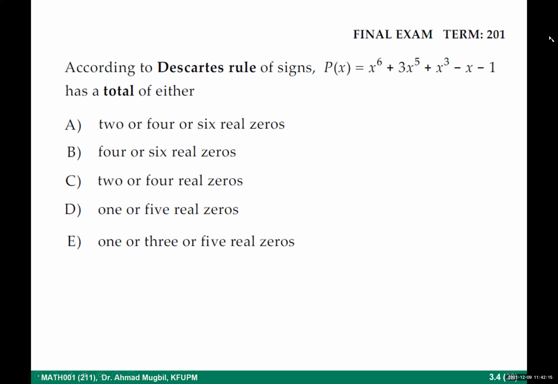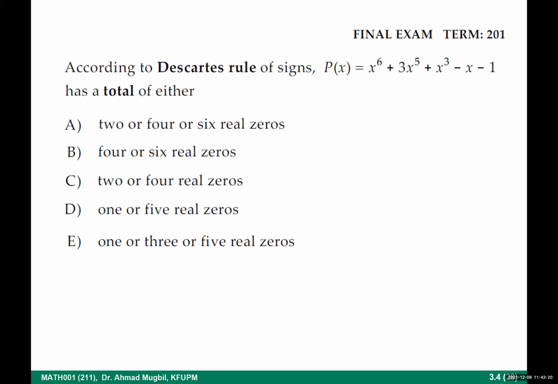Let's have a look at some old exam questions. According to Descartes' rule of signs, this polynomial has a total of either 2 or 4 or 6 real zeros, 4 or 6 real zeros, 2 or 4 real zeros, 1 or 5, 1 or 3 or 5.